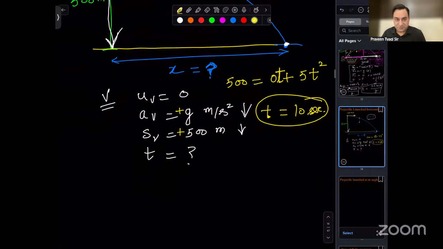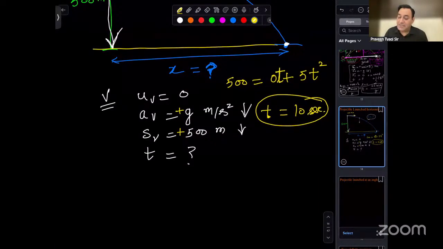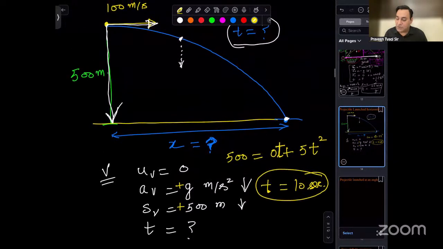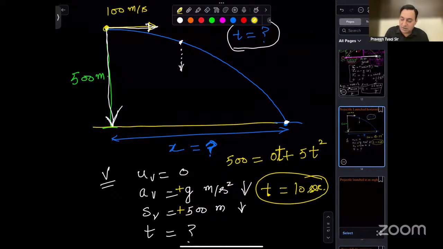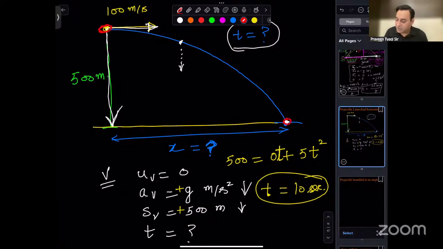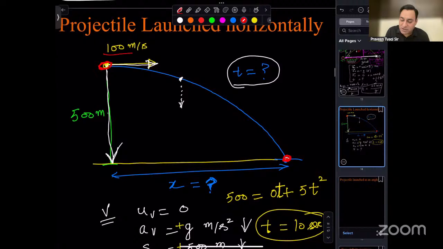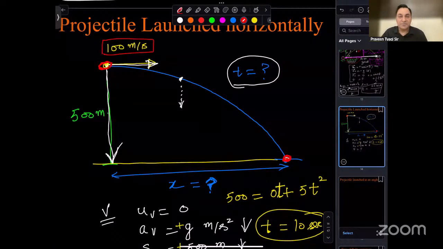Now, Soham, if 10 seconds is the time it was in air from here to here, for all these 10 seconds, was its horizontal velocity constant or not? Yes or no?